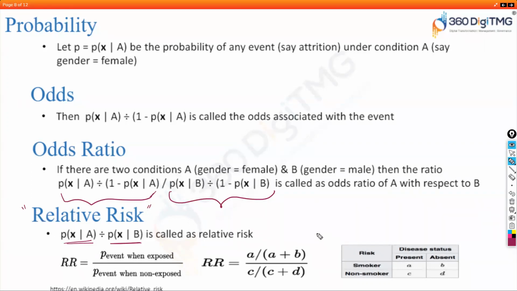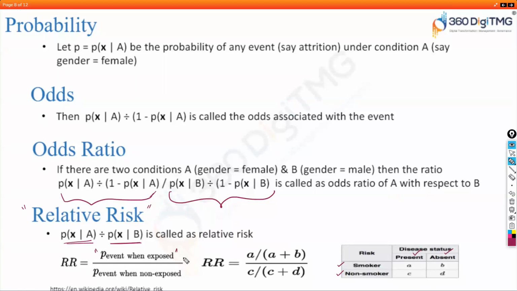So for example, if you have this status wherein you know that someone is a smoker, another person is a non-smoker, disease present, disease absent, and you have A, B, C, D values.